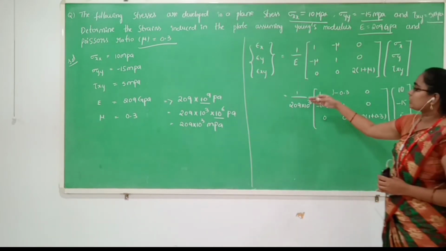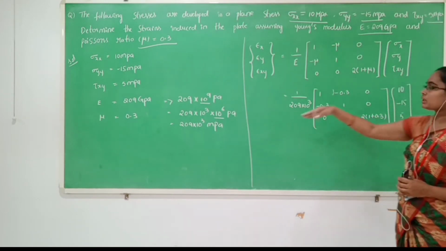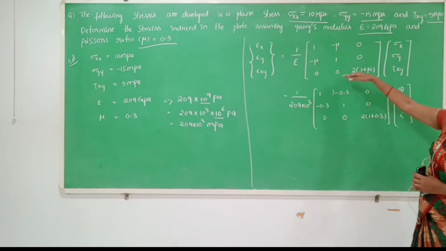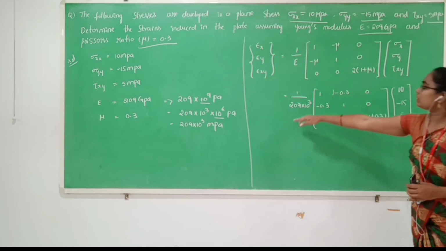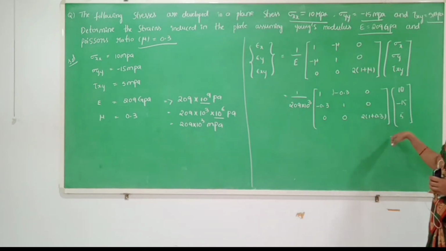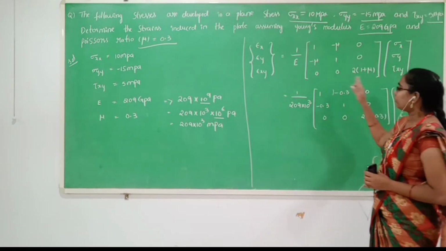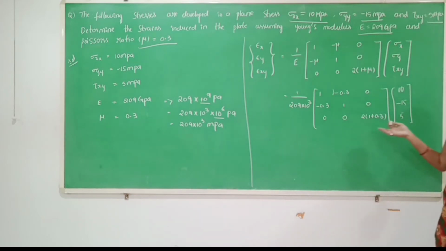Whatever the values are, I substitute them in this relationship. First, we have to check whether the matrix multiplication is possible.